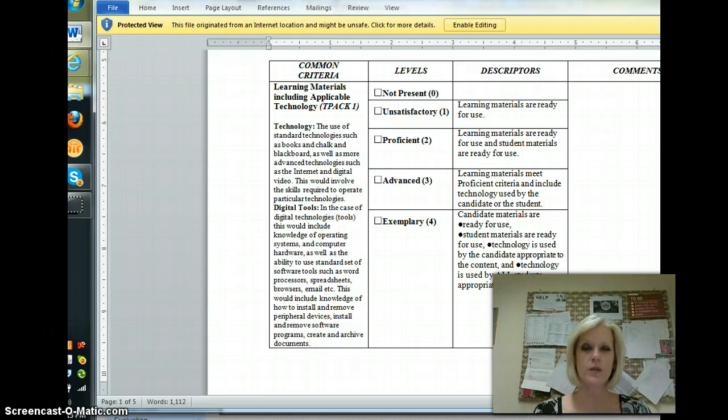That's not going to meet the criteria that says it's technology used by all students that's appropriate to the content. So also manipulatives and hands-on materials are included and allowed to be in this area of technology. So you can read that. It will help you with your lesson plan, as well as having your mentor teacher read that.